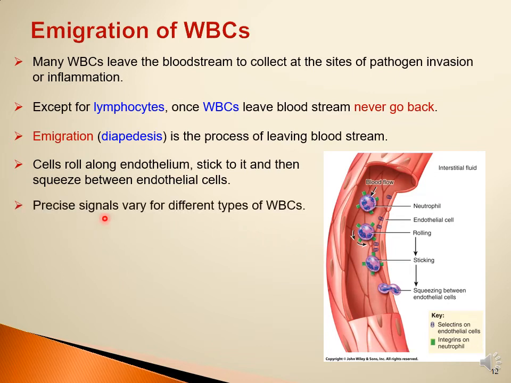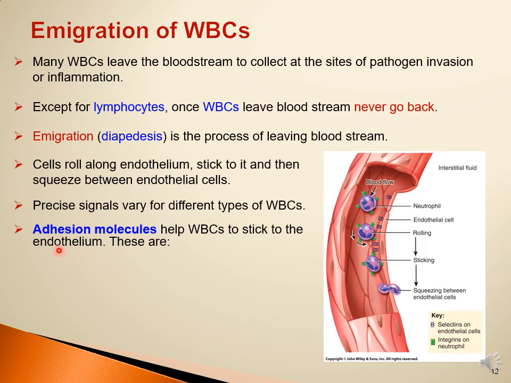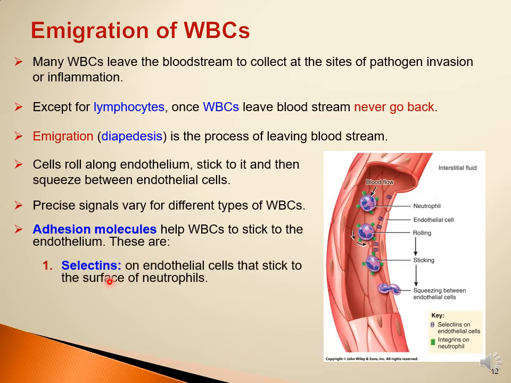We need precise signals for this process, and the signals vary for different types of white blood cells. For example, adhesion molecules help white blood cells to stick to the endothelium. For neutrophils, we have selectins that are present on endothelial cells and stick to the surface of the neutrophils.